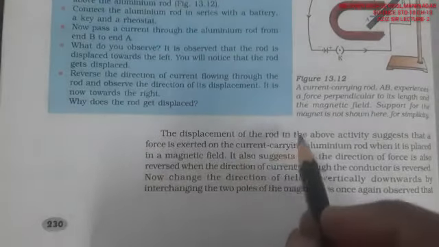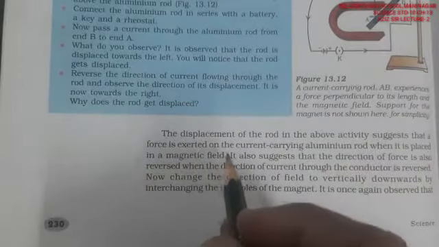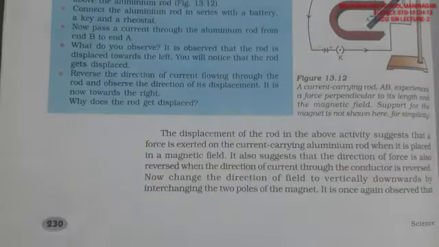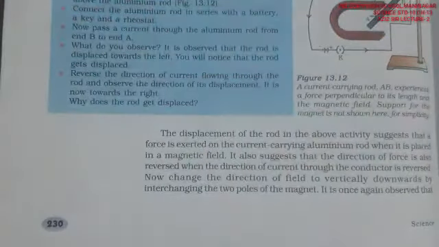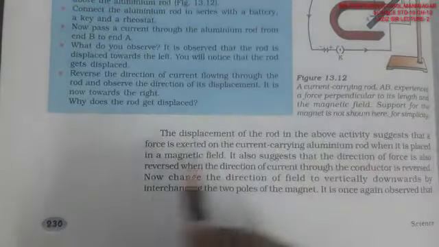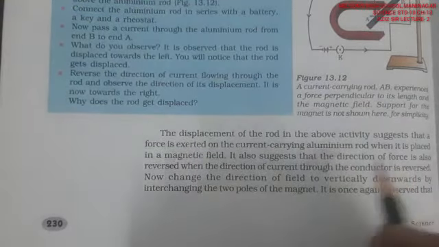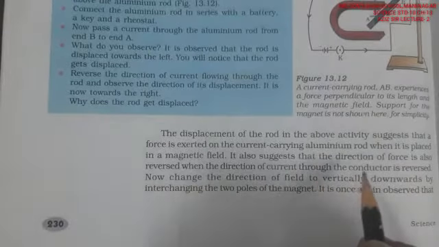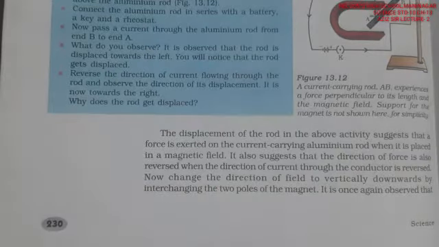The displacement of the rod in the above activity suggested that the force is exerted on a current carrying aluminum rod when it is placed in the magnetic field. This can be opposite if I reverse the current. If I reverse the current, the direction of the force will be in this particular direction according to my right hand thumb. It also suggests that the direction of the force reverses. Before, the current was passing in this direction, now it is passing in this direction.